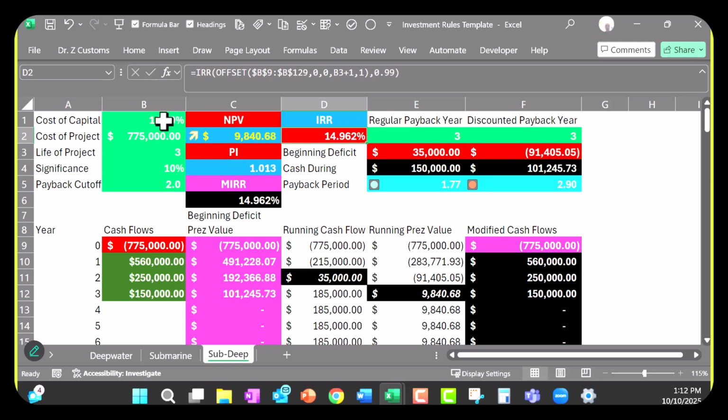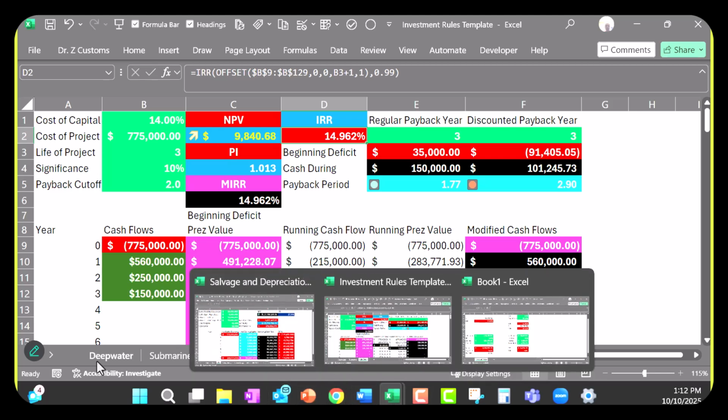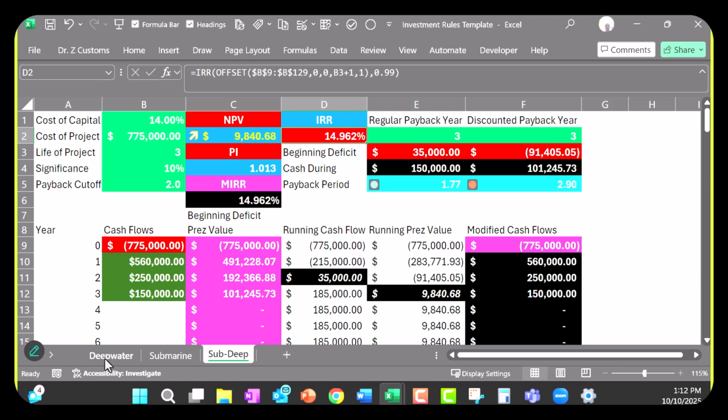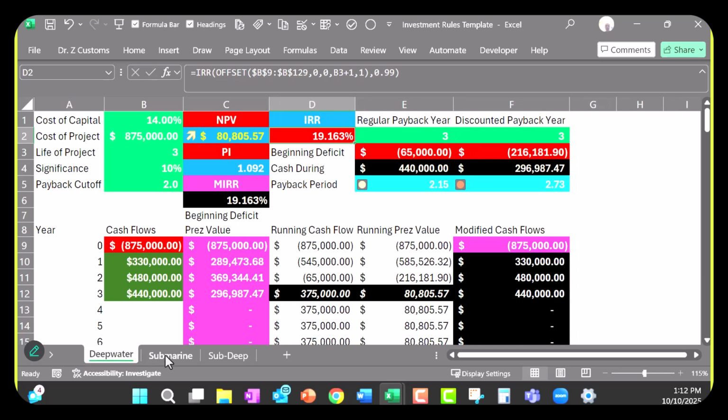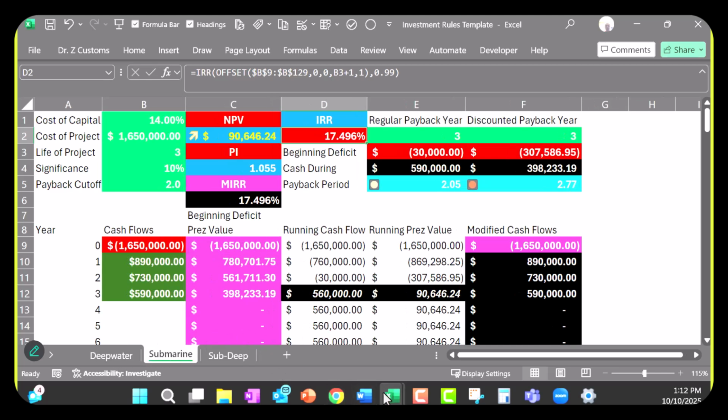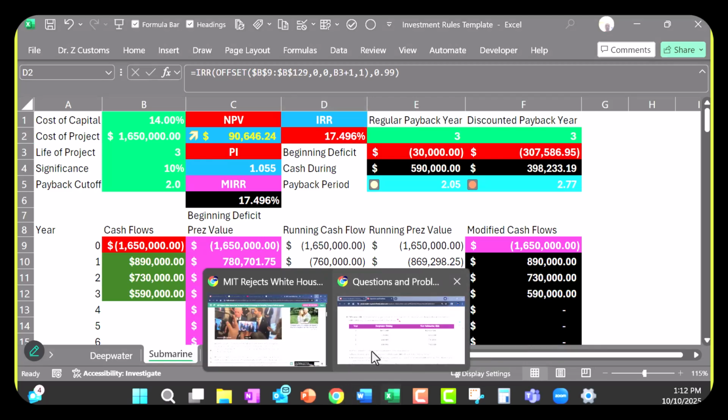Well, it's greater than the cost of capital. So that's another reason that basically tells us that we should actually accept the submarine project based on incremental IRR. Comparing regular IRRs, Deepwater is higher, so they could give conflicting results.